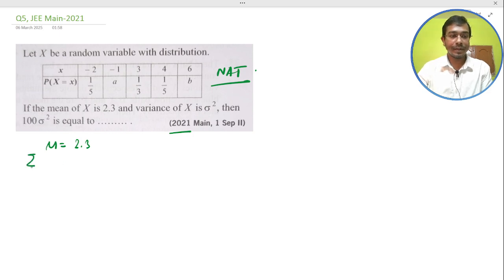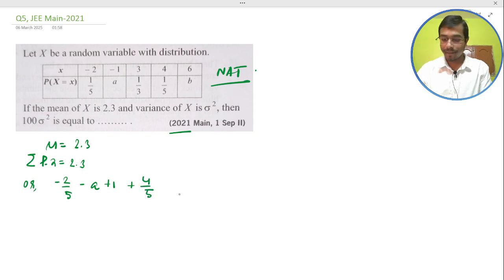That means the summation of p times x, mu means p into x, is 2.3. That is minus 2 by 5 minus a from this table, plus 1, plus 4 by 5, plus 6b is equal to 2.3.